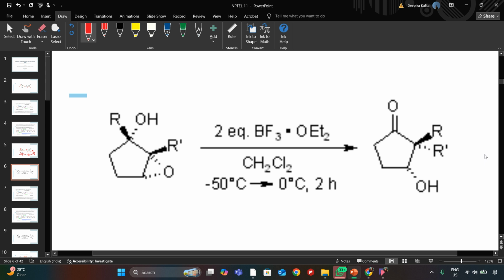So here, this is another example of pinacol-pinacolone rearrangement.